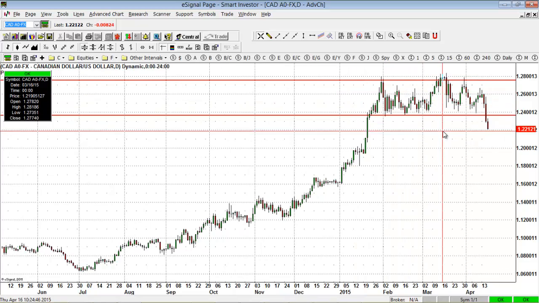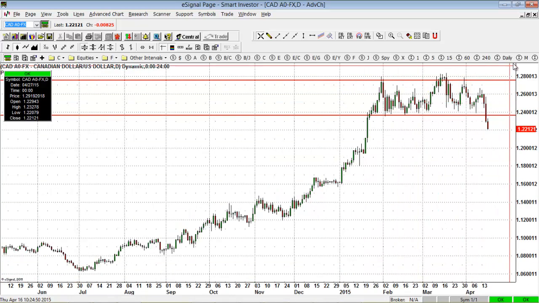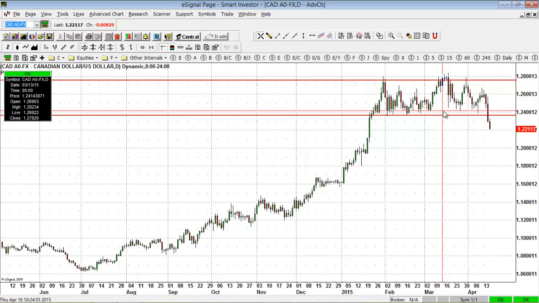But this is also a good trade, USD Canadian dollar, if you trade breaks like this. So whichever way, we said yesterday that you should be on the lookout for the break, and it has happened here, and we could expect this market to move down further.